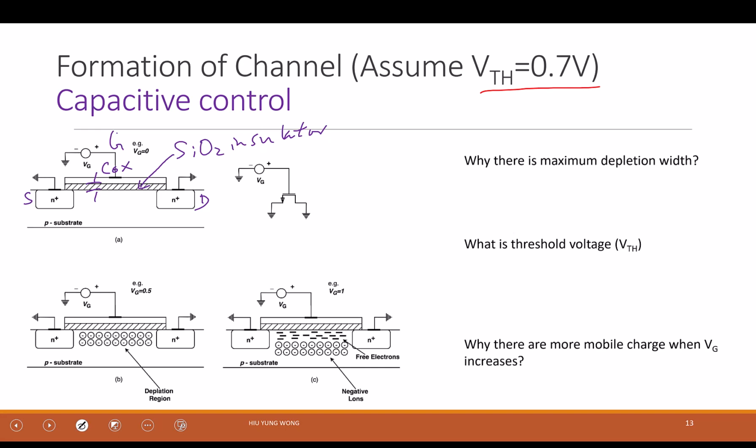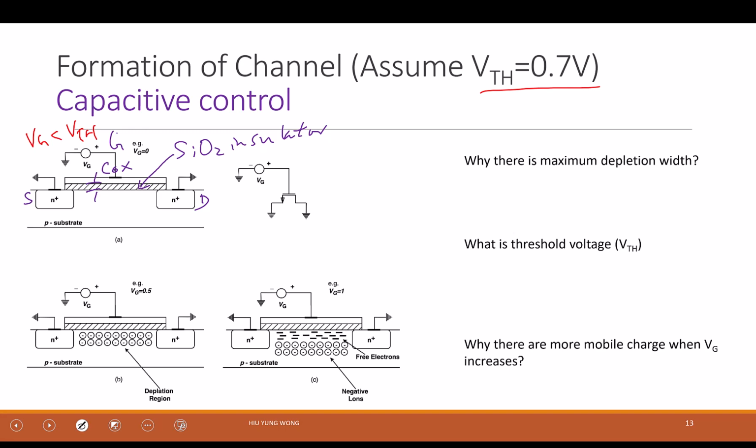So at this point, Vg is smaller than Vth. Maybe it's easier to even say that the Vg is negative if you don't feel comfortable.